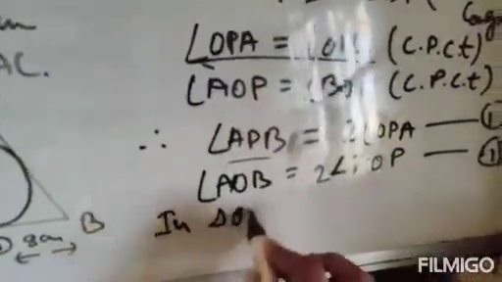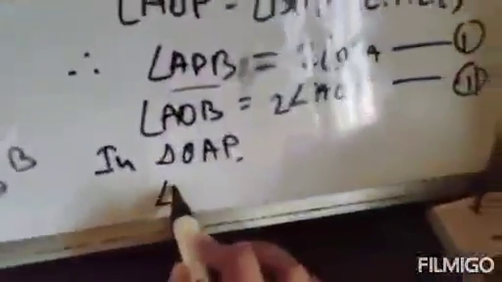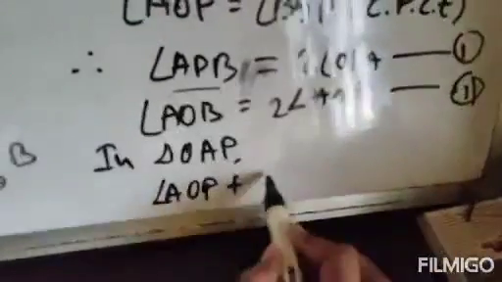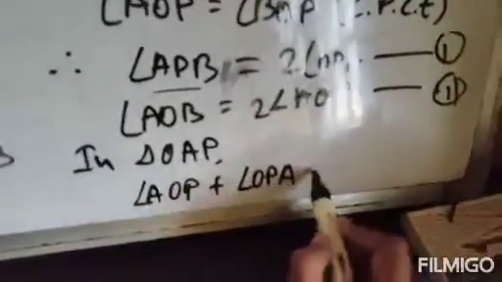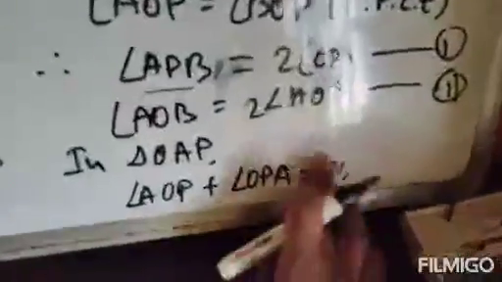That means in triangle OAP, we can say that angle AOP plus angle OPA will be equal to 90 degrees.